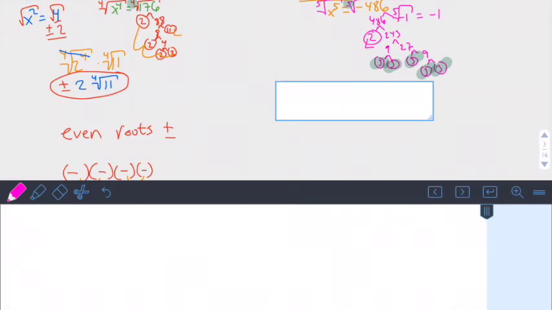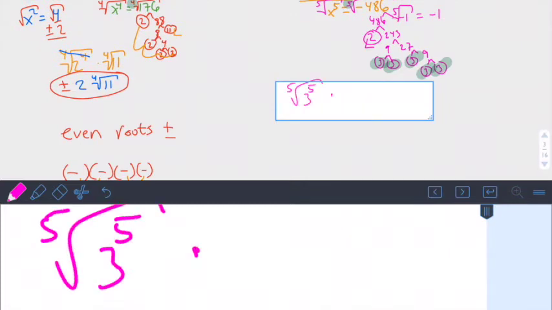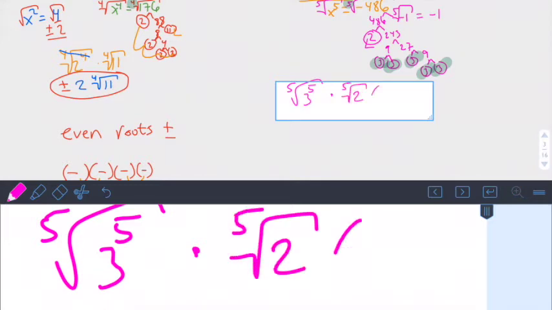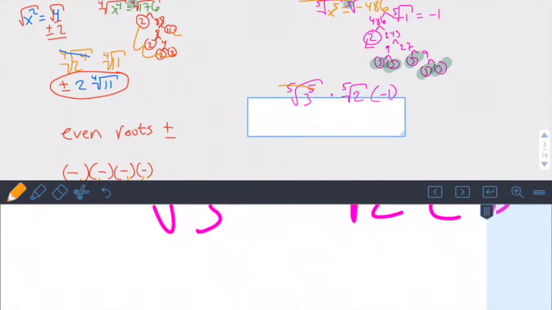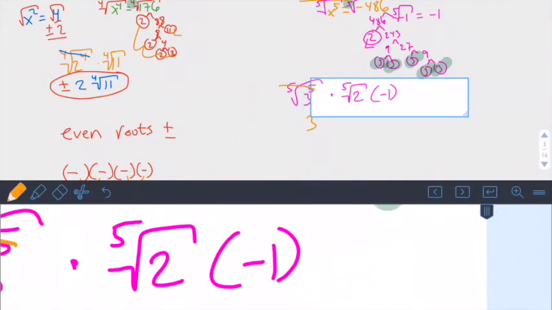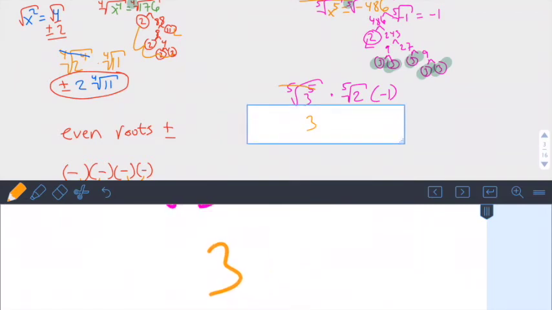So what this means is 3 to the fifth, and I take my fifth root times the fifth root of 2. And don't forget about our negative 1. Well, we have some cancellation. We get 3. And then that negative 1, 3 times negative 1 is negative 3. So I'm just going to do that right now. And then I've got the fifth root of 2.